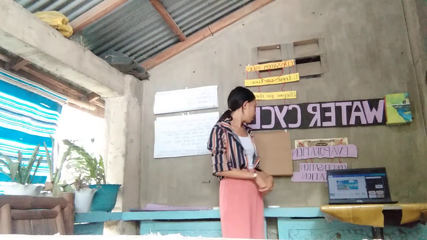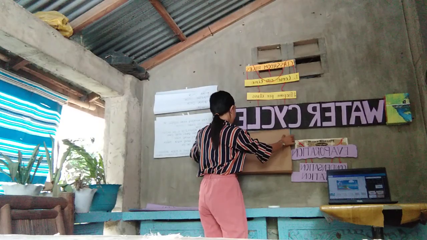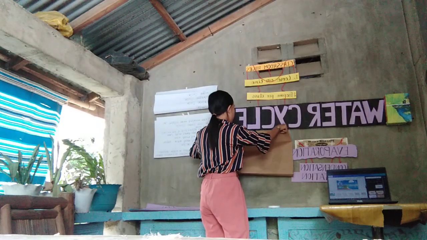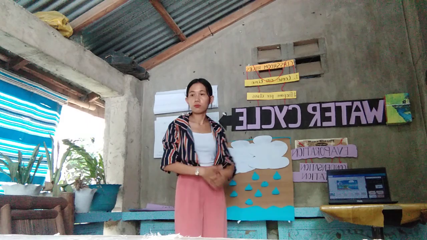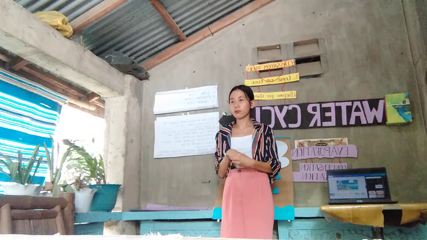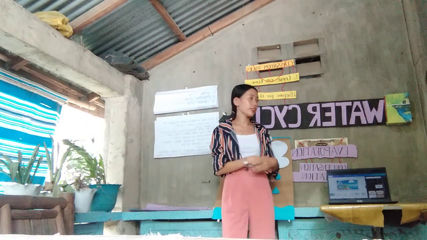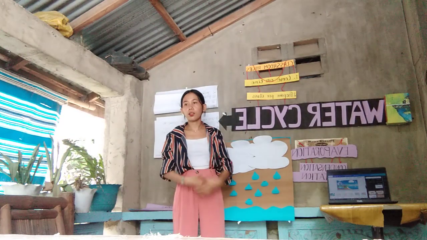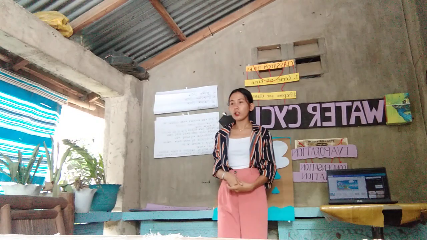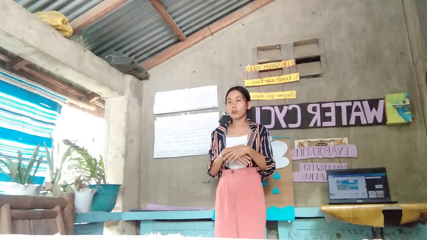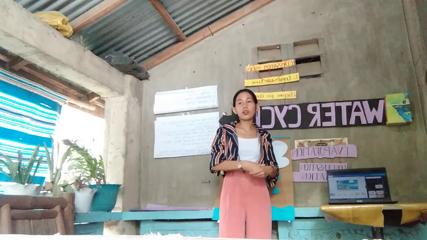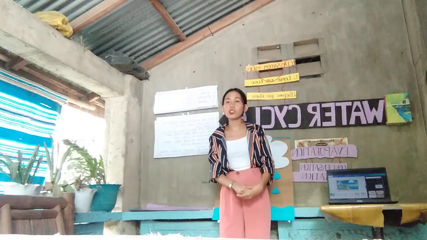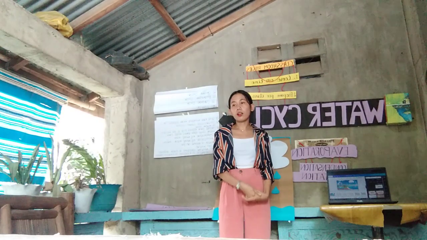So look at the chart. There's a cloud, rain, and ocean. In this chart, you will see the words evaporation, condensation, and precipitation.